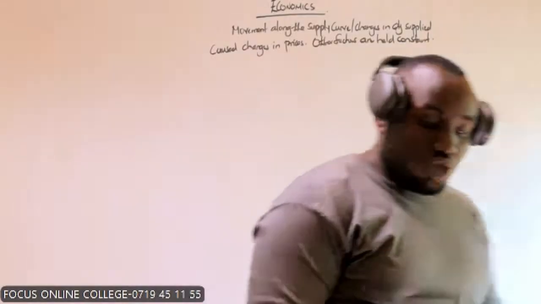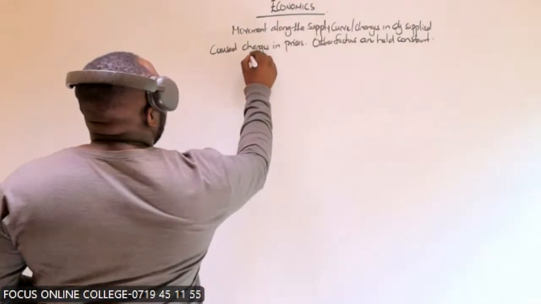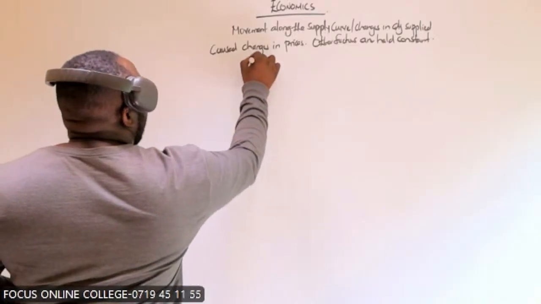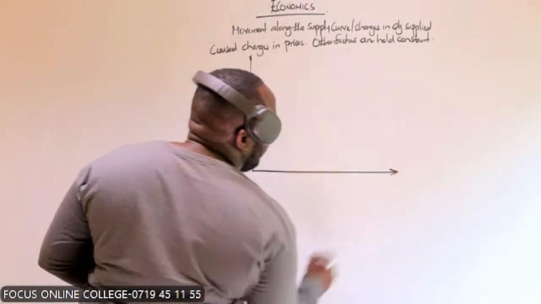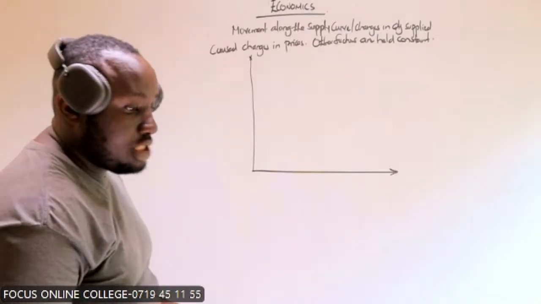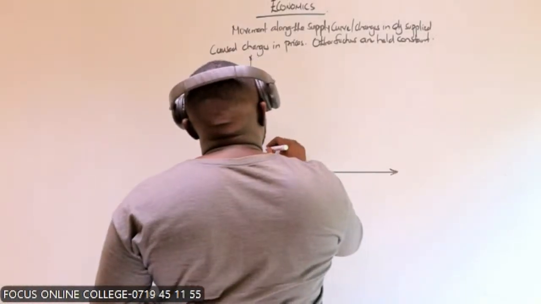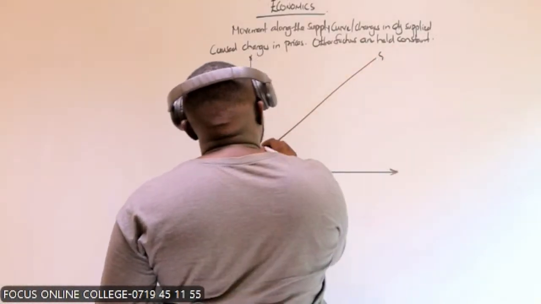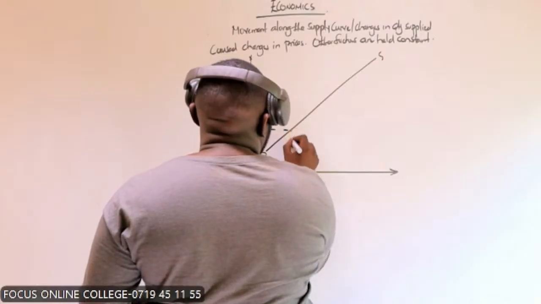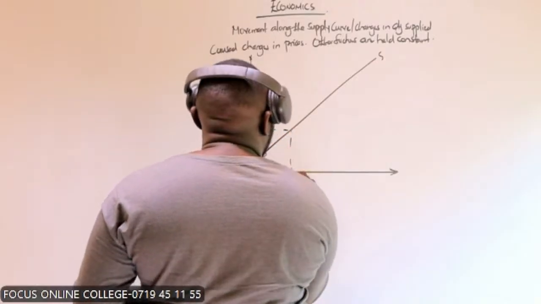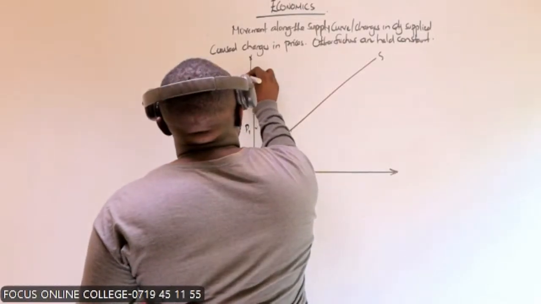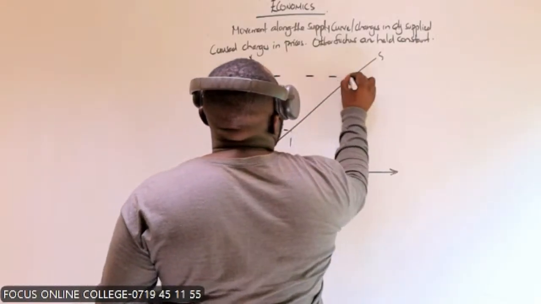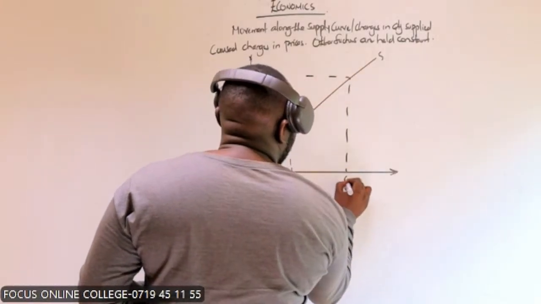So I want us to draw the diagram, so we synthesize the information and make it definitely at home. So this is what we have. This is supply. This is Q1, call it P1. Then we have P2, and we can see Q2 here.